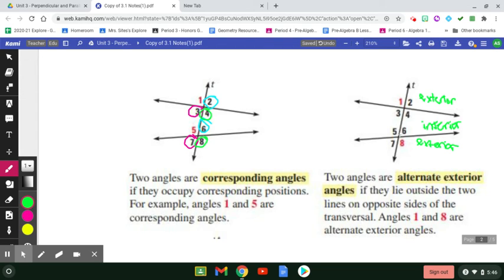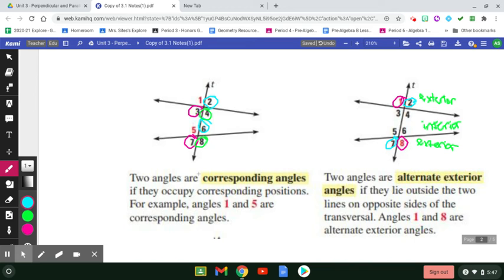If we have angles that are on opposite sides of the transversal or alternate sides, they are called alternate exterior angles. So for example, angle 1 and angle 8 are on opposite sides of the transversal on the exterior or outside portion. Another pair would be angle 2 and angle 7 because they are on the exterior portion on opposite sides of the transversal.